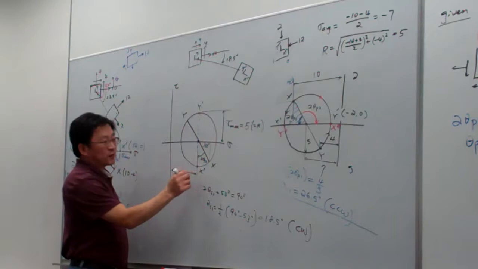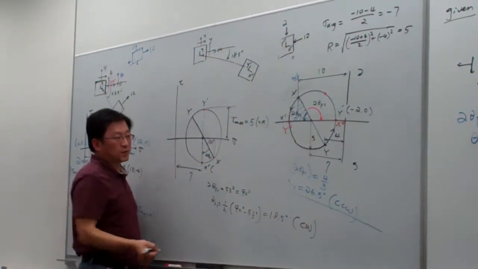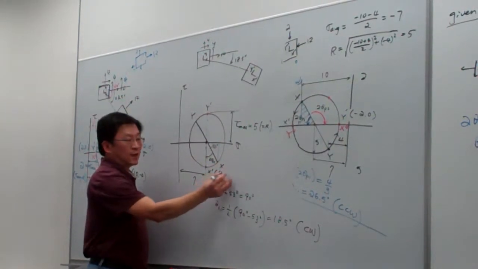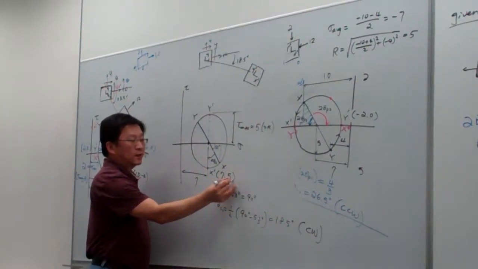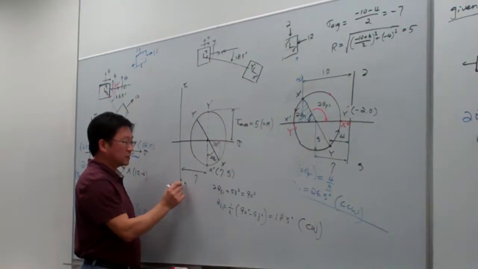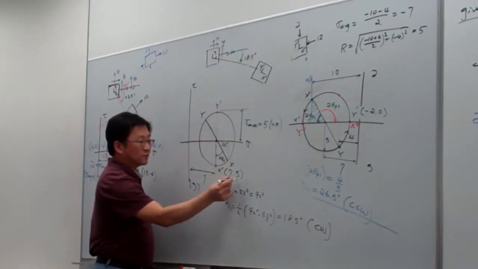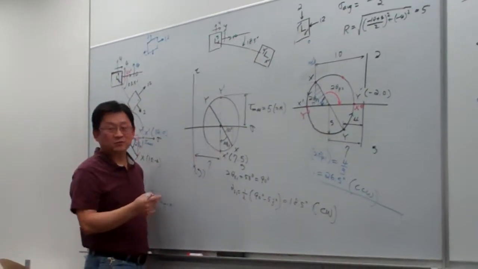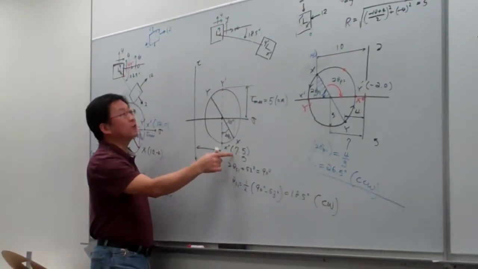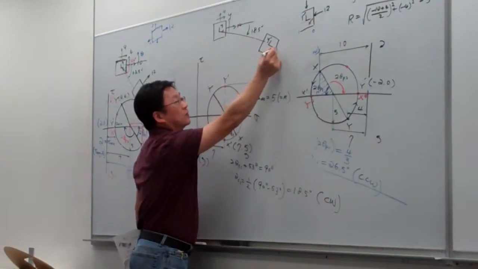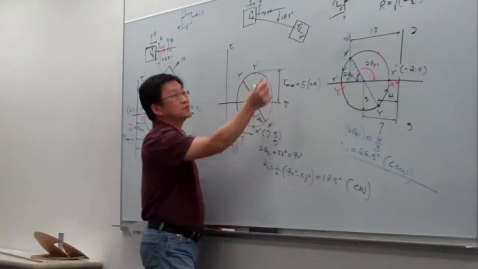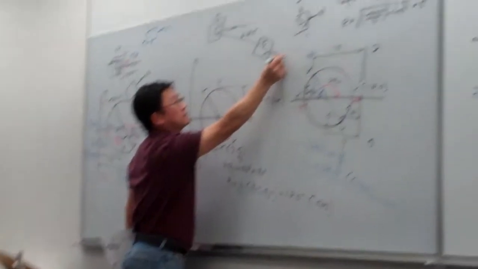So the x prime has a coordinate of how much? 7 and 5. And remember our notation: 5 corresponds to this orientation. So in the x prime direction, the normal stress equals 7, and 7 is positive, so tension here.